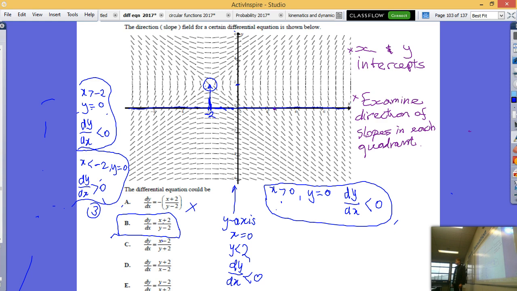Does that make sense? Beautiful. So that's strategies in answering these types of questions. You can examine the intercepts, x-axis and y-axis intercepts, and set up conditions like so. Or you can examine the quadrants themselves for particular types of things, okay?